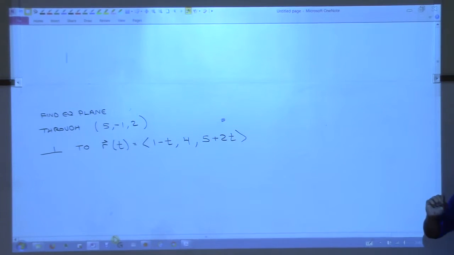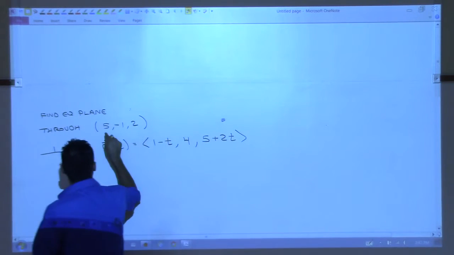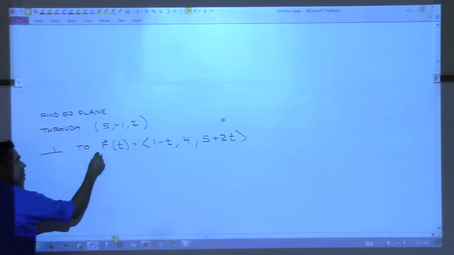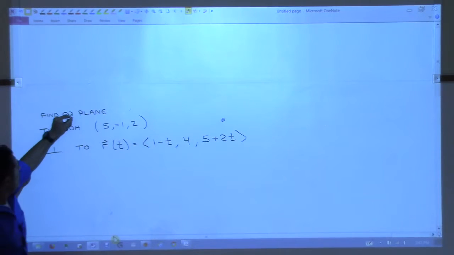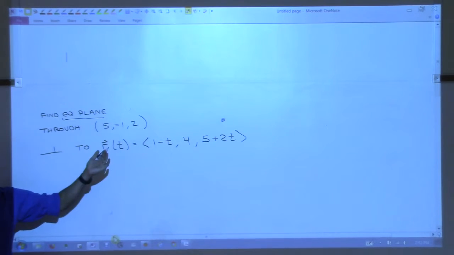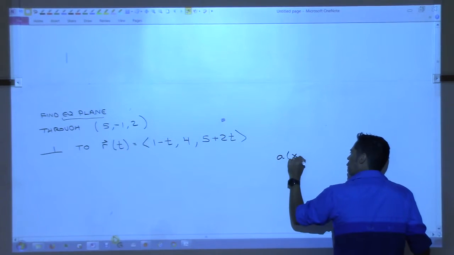So I give you a point, and I give you a line. I say, give me the equation of a plane that goes through that point and must run perpendicular to this. When I'm doing problems like this, I always sit there and go, okay, what am I looking for? The equation of a plane, right? Well, what's the equation of a plane? I write it down. It's this.